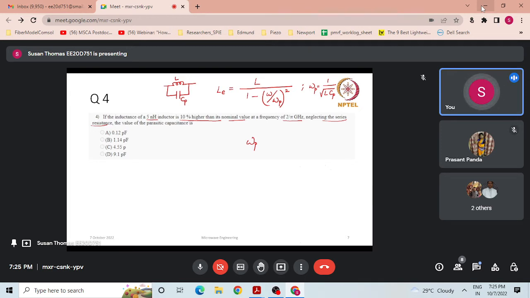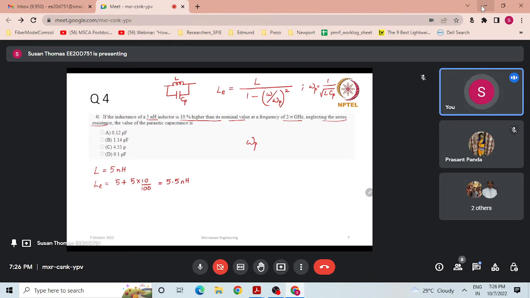From the question, let me write down the inductor value: L is equal to 5 nanohenry, and the effective inductance is 10% higher. What do we mean by 10% higher? 5 plus 5 into 10 by 100, so 5.5 nanohenry.